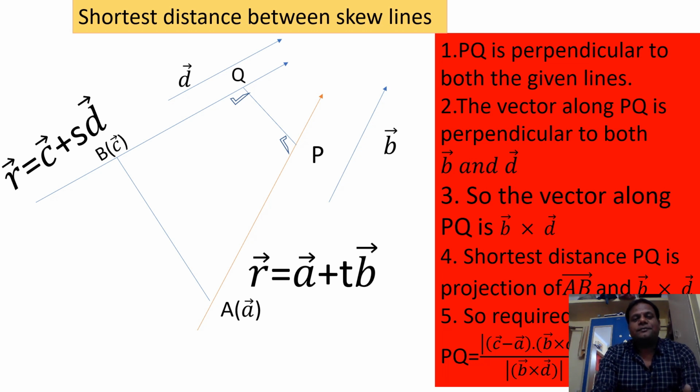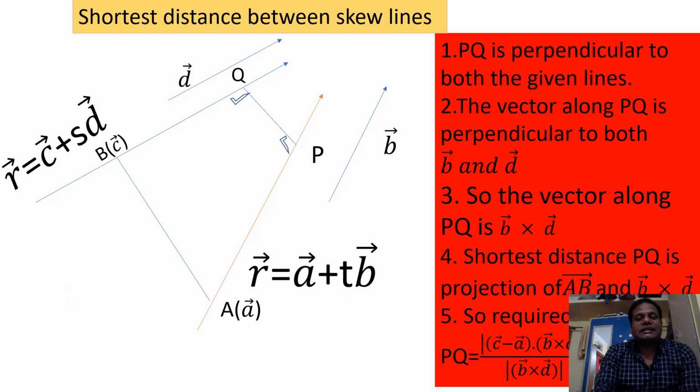So you have to find the distance PQ, that is the target. PQ is perpendicular to b bar vector and PQ is also perpendicular to d bar vector. So the vector perpendicular to both b bar and d bar is b bar cross d bar. So the vector along PQ is b bar cross d bar.